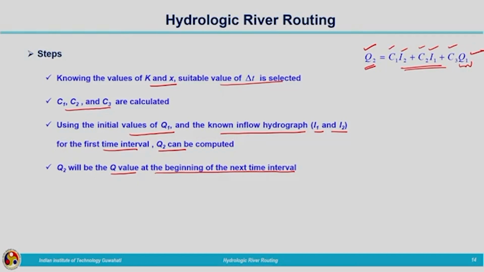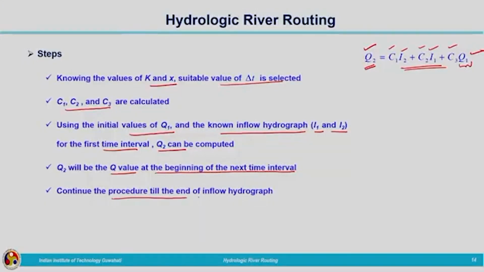At the beginning of that time step, we know the inflow values and also the Q value calculated from the previous step. Based on that, we can calculate the Q value at the end of that time step. This process will be continued until we reach the end of the inflow hydrograph, so that we get the Q values for each and every time step, and we can plot the outflow hydrograph.